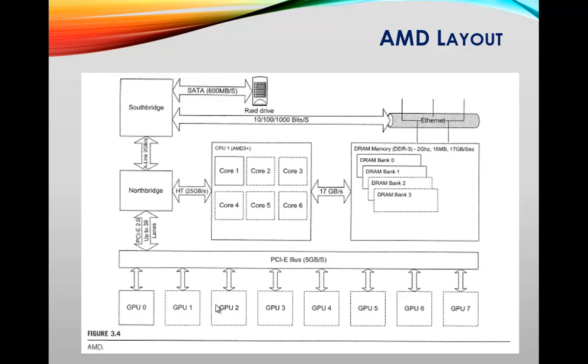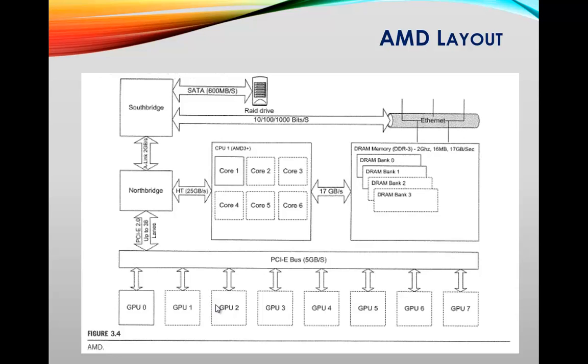The FX chipset of the AMD architecture can provide either 2 16-lane devices on your PCI Express bus or up to 4 8-lane PCI Express connections.